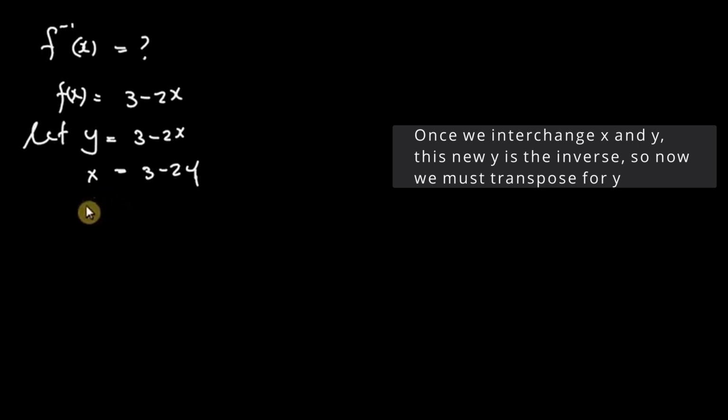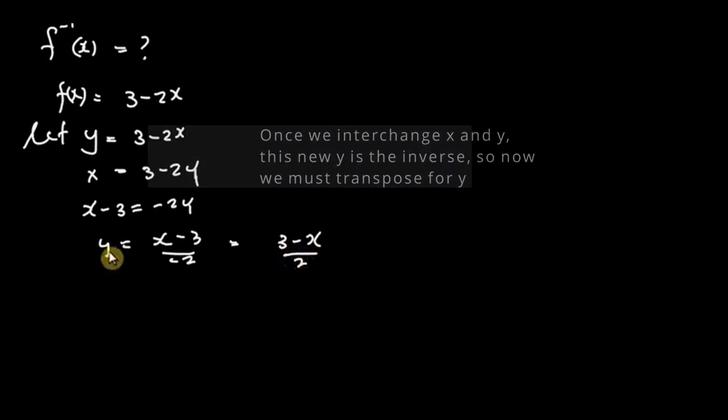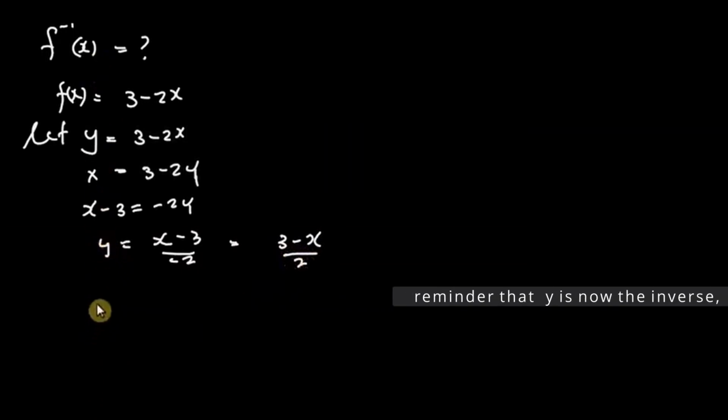So in this case, we have x minus 3 is equal to negative 2y, and therefore y is equal to x minus 3 over negative 2, which is the same as 3 minus x over positive 2. So we now replace y with f to the minus 1 of x. So this gives f to the minus 1 of x is equal to 3 minus x all over 2.